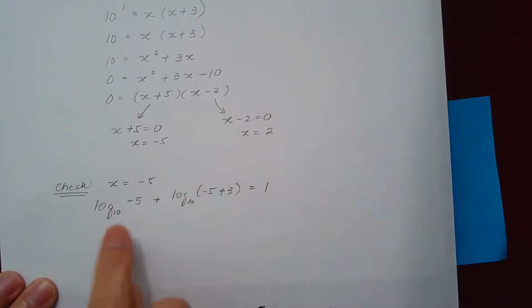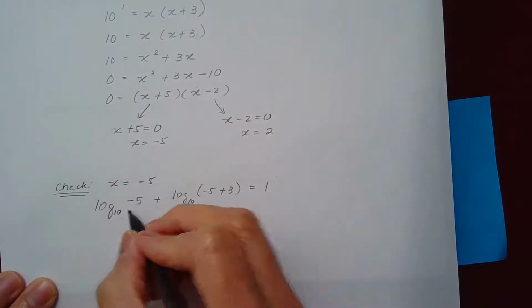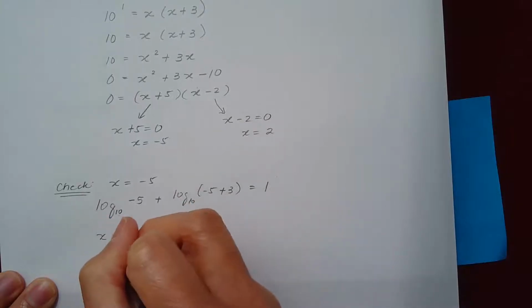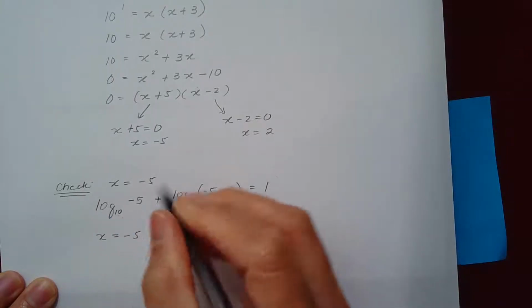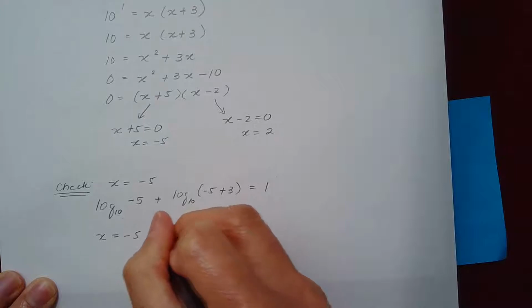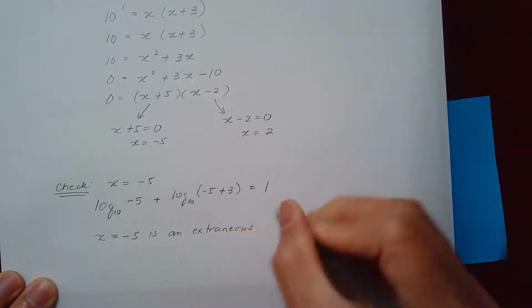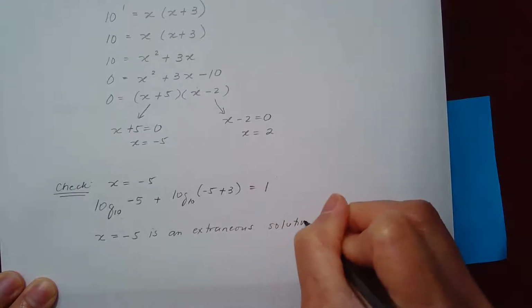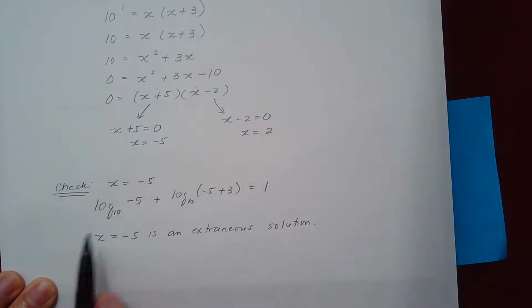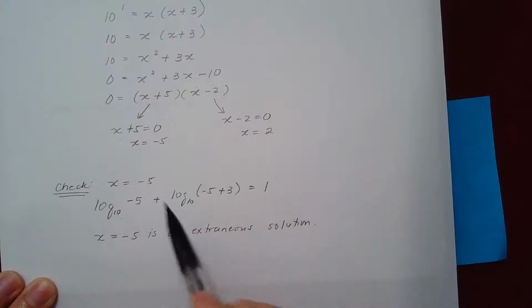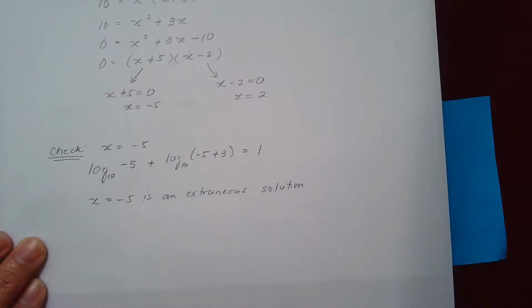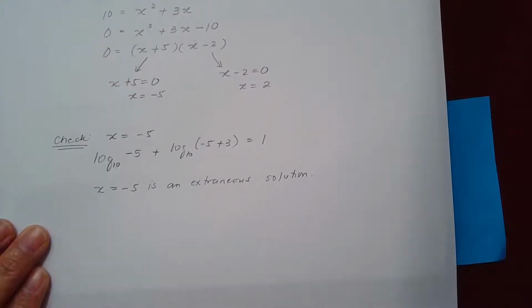So x equals negative 5 is an extraneous solution, because 10 to any exponent will not give us negative 5.